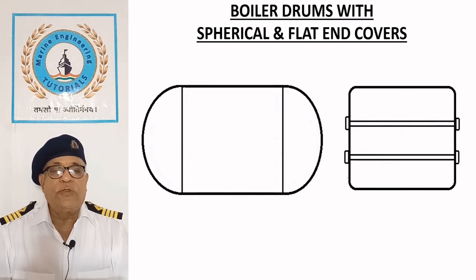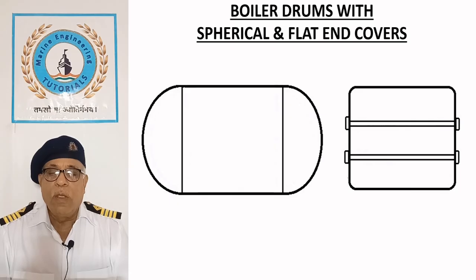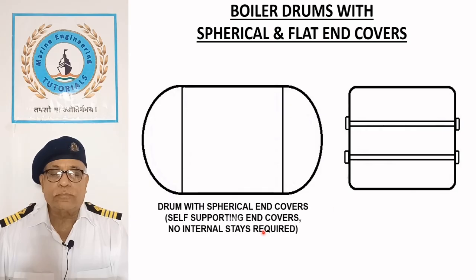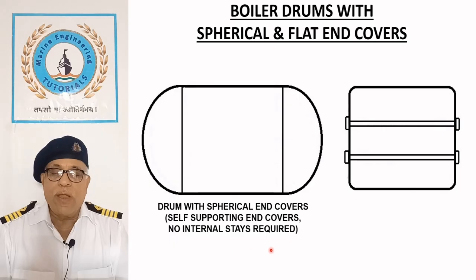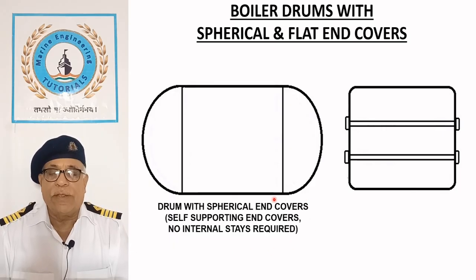Boiler drums with spherical and flat end covers. This sketch shows a drum for a large boiler with dished ends and a drum for a tank type boiler with flat ends. Dished or spherical end plates are preferred in pressure vessels because they provide much higher strength and structural efficiency.